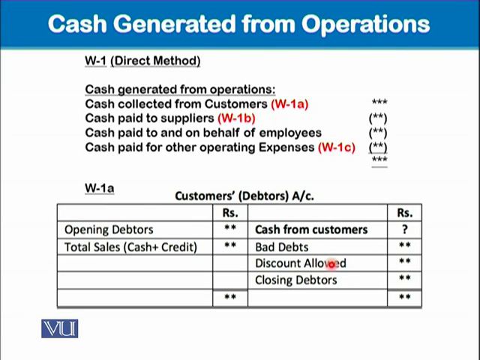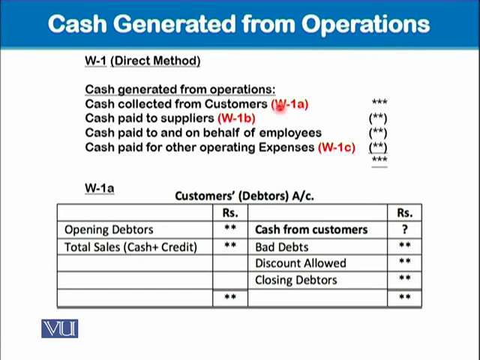Closing balance of debtors will be placed here, so that the balancing figure that we will get will be the cash collected from customers. Remember, we are doing working for the direct method in order to calculate cash generated from operations.